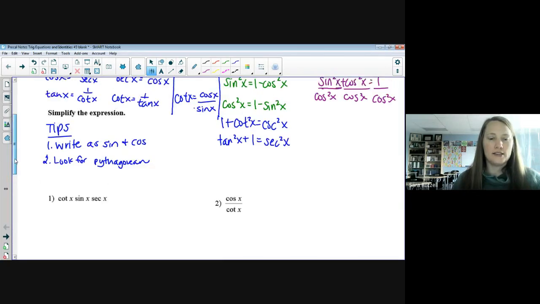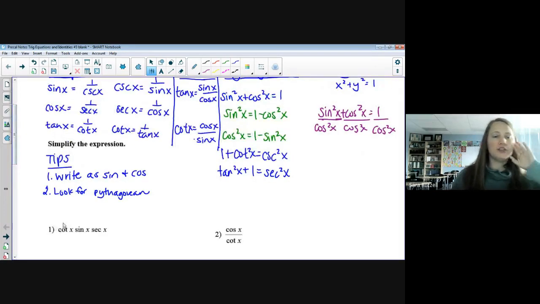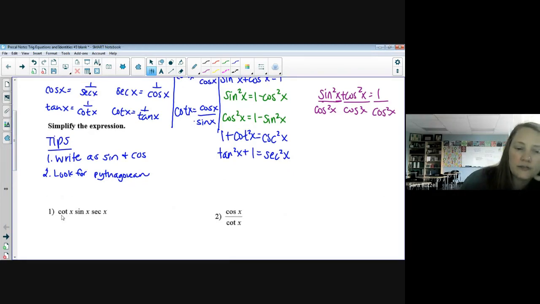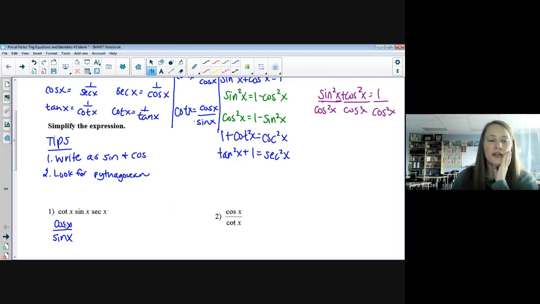So cotangent, there are 2 things that I could choose, but if I want everything in sine and cosine, there's one obvious one. Cotangent is 1 over tangent, and cotangent is also cosine over sine. So I'm going to replace cotangent with cosine over sine, since those 2 equal each other.